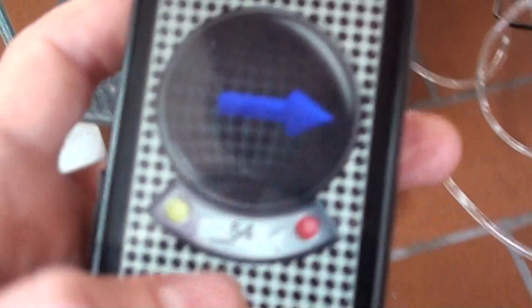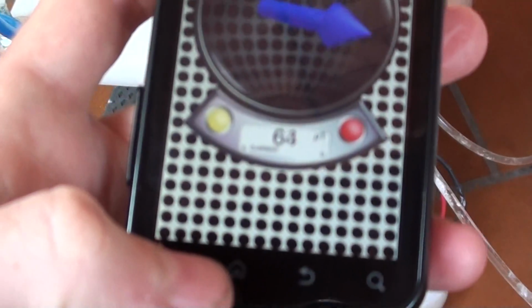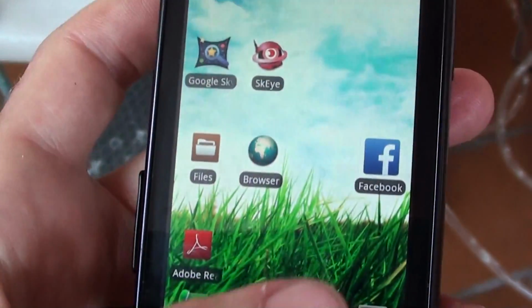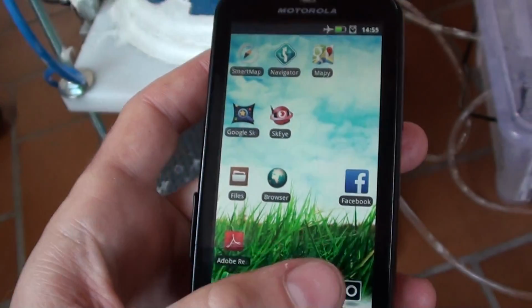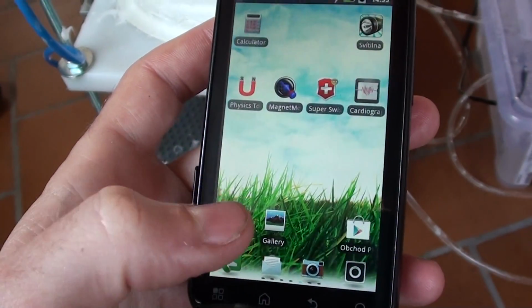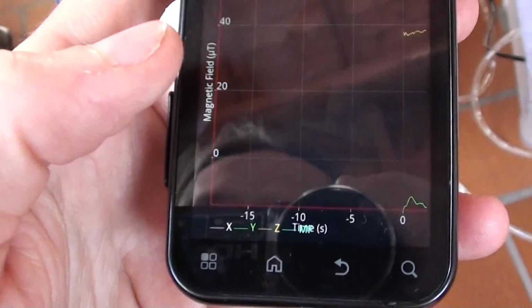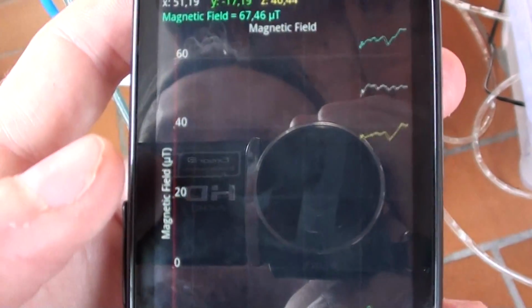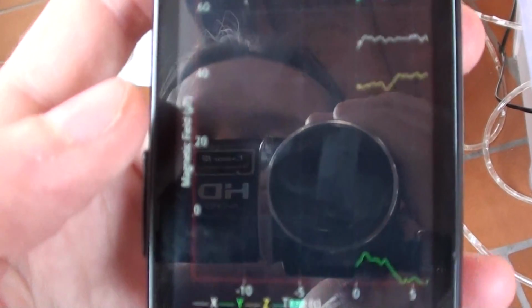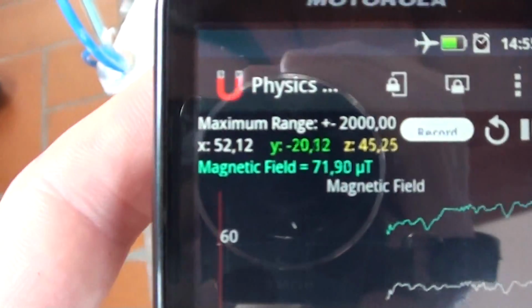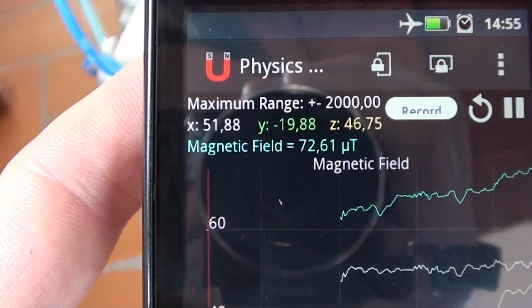Okay, let's check it, just to show people how we can check it also with these magnetic detectors. We can use another application which measures the fields in X, Y, Z direction and the total strength.